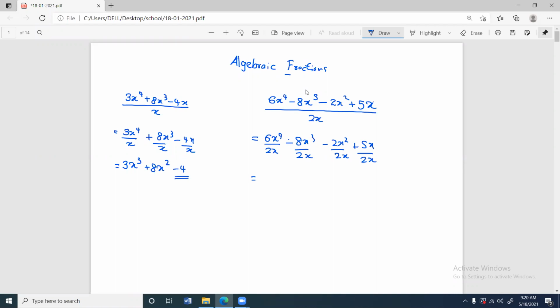In this case, 6 divided by 2 becomes 3, x to the power 4 divided by x becomes x cubed, minus 8 divided by 2 is 4, x cubed divided by x becomes x squared, minus 2 divided by 2 becomes 1. Usually we won't write 1 in front of the variables. x squared divided by x becomes x, plus 5 divided by 2, x divided by x cancels, so the answer should be this.